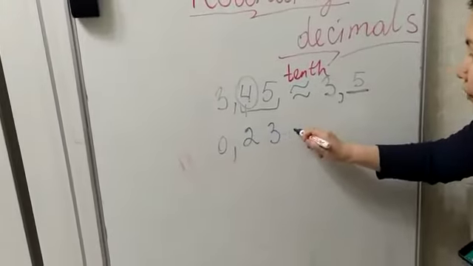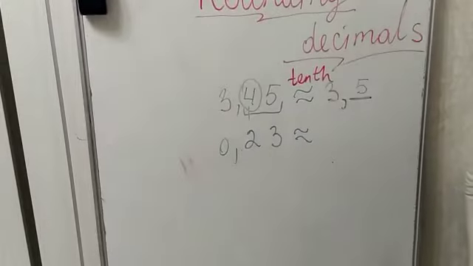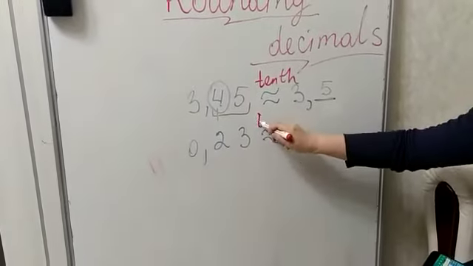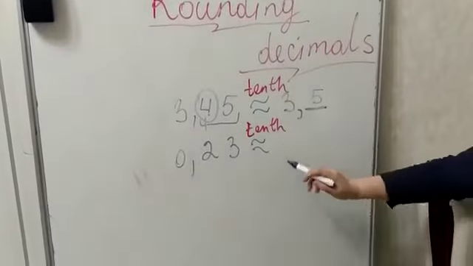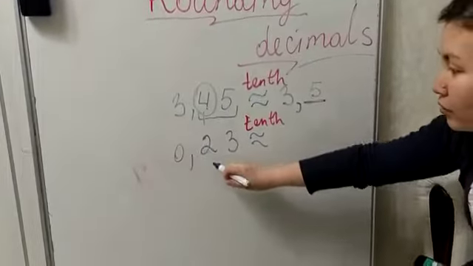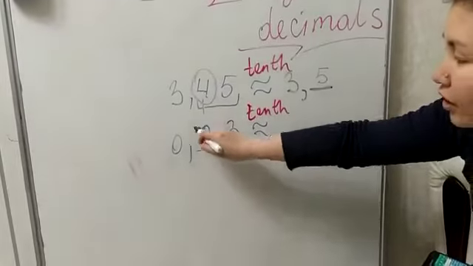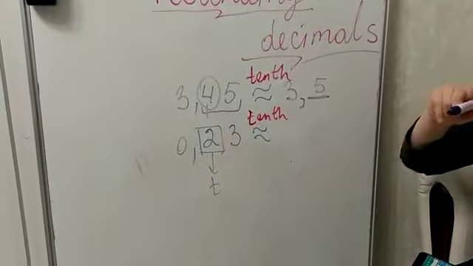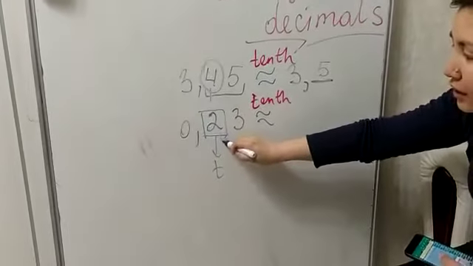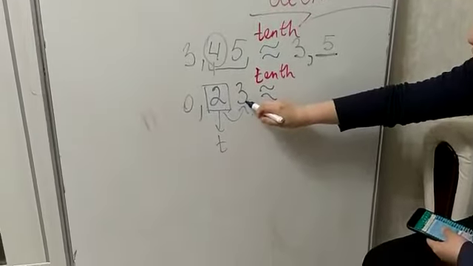But if we have, for example, 0.23 and want to round to the tenths, we look at just the first number after the point, which is the tenths. Then we need to see the next number. There is a 3.